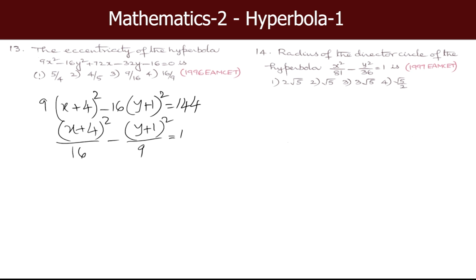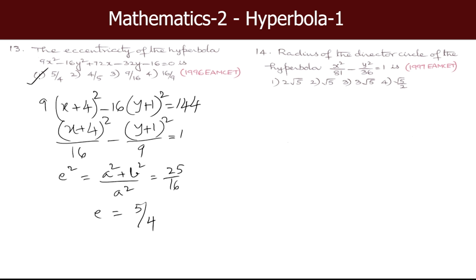So what is the center? (−4, −1). There is no need to care about that, because the semi-axes remain the same and eccentricity depends on the semi-axes. So e² = (a² + b²)/a² = 25/16, and therefore e = 5/4. So that is the first option.